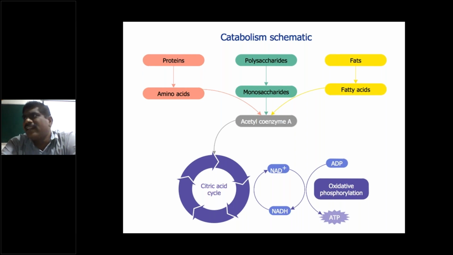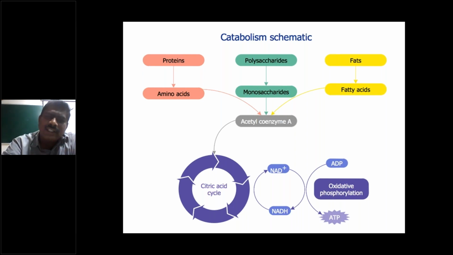From proteins we get amino acids, polysaccharides split into monosaccharides, and from fat you get fatty acids. So altogether: amino acid, monosaccharide, fatty acid. Ultimately we get acetyl CoA, the ultimate product of protein, polysaccharide and fat metabolism.